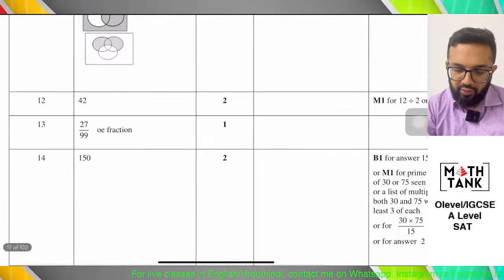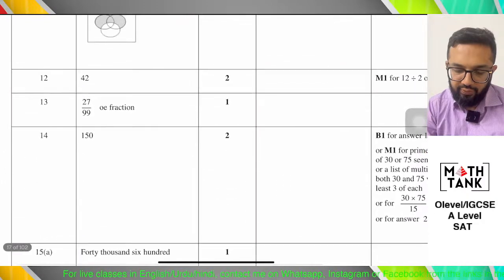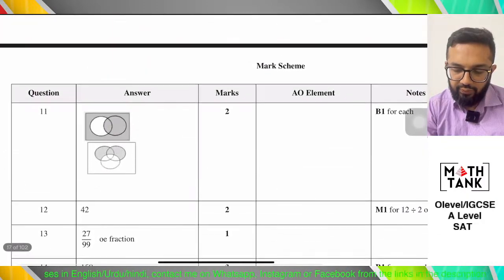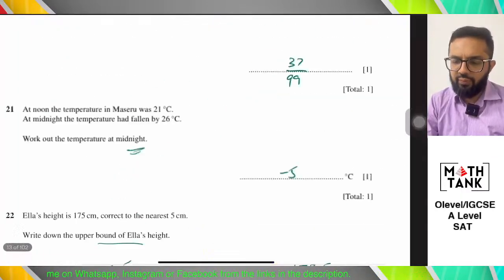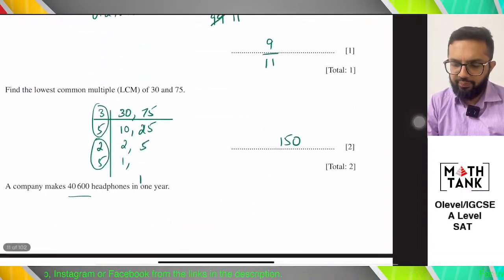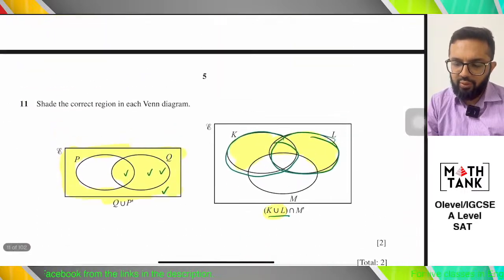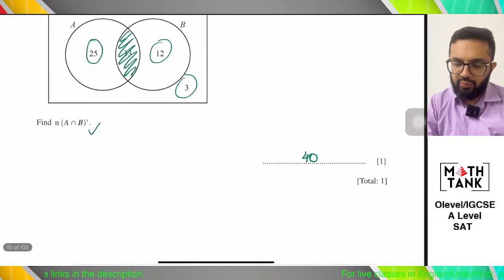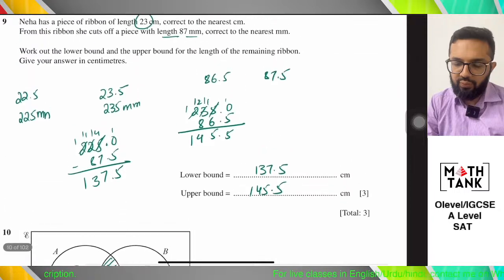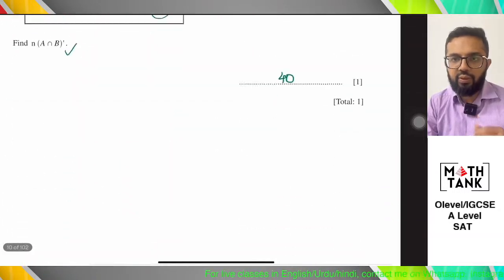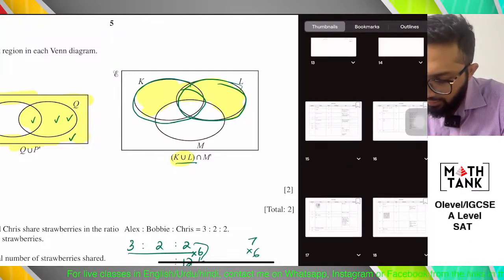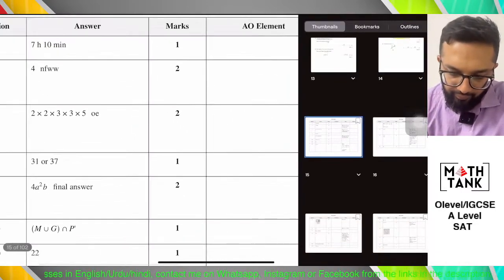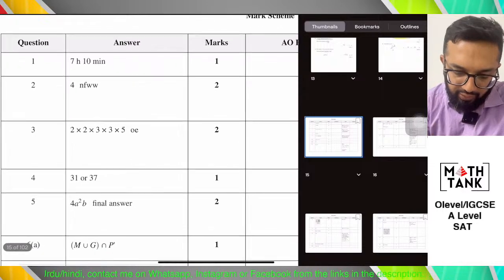I had shaded correctly as well. 40,600. 150 was also there. 42 was also there, I think. It's 42, one of my answers. Yeah. And then we had this shading, that was also correct. 40 and 144.5 and 137.5. I'm just checking my answers quickly so that we can move on to the next topic. Yeah.